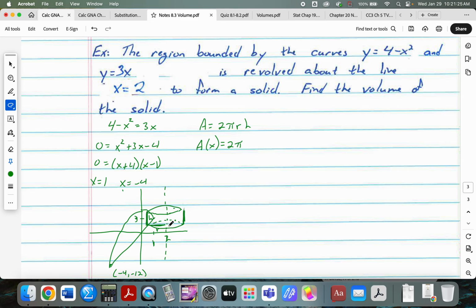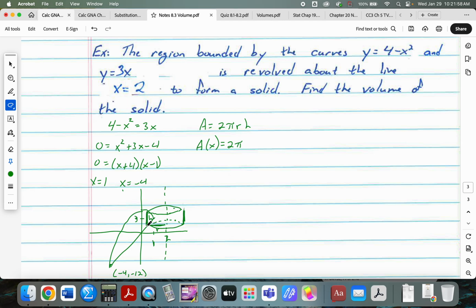What expression can I give for this radius? Well, it's not immediately obvious, but I selected just a random x value at which to put my slice, right? So the coordinates of this point and this point are both x something. This would be x comma 4 minus x squared, and this is going to be x comma 3x, right?